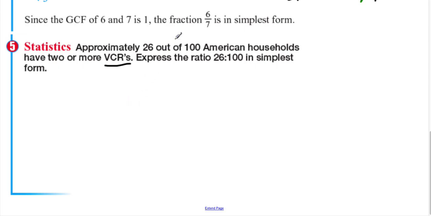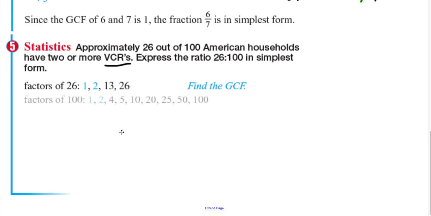Okay, let's do this. Let's list the factors. Not worry about the time period. Factors of 26 are 1, 2, 13, and 26. Factors of 100: 1, 2, 4, 5, 10, 20, 25, 50, and 100. Look at the factors of 100. There are a lot of factors for 100. If you miss one, you might not be able to find the GCF.